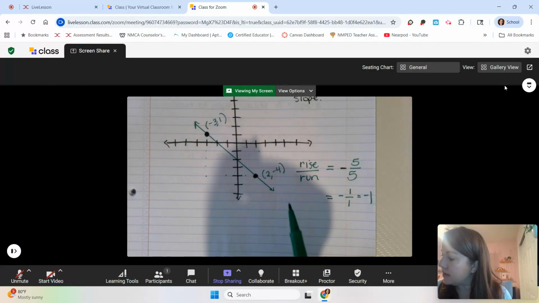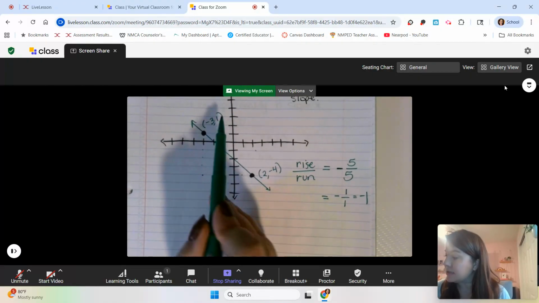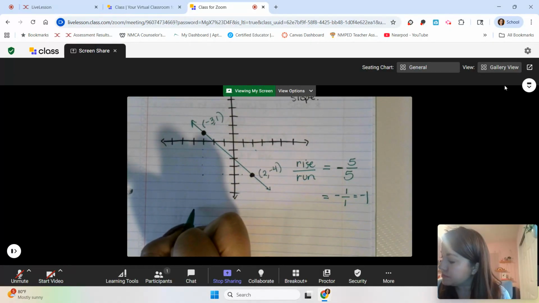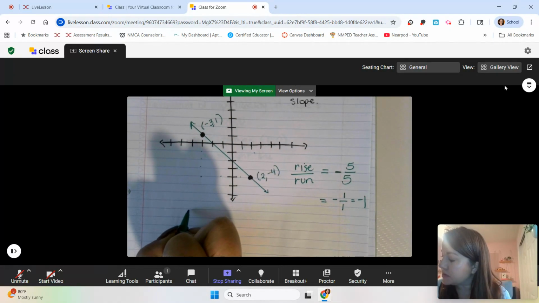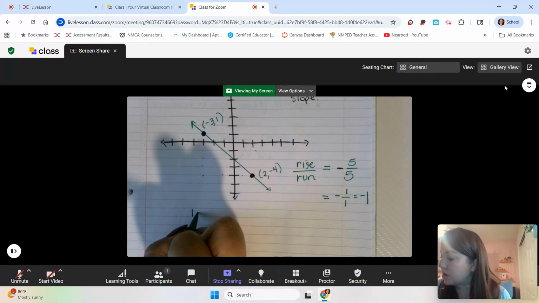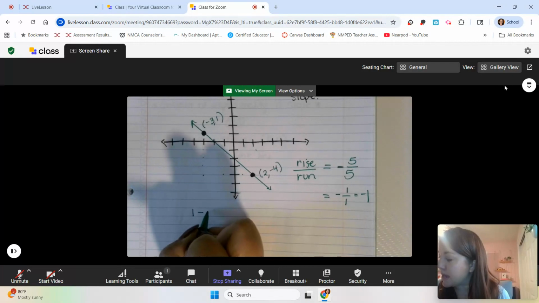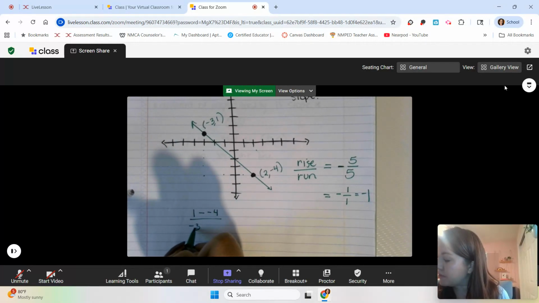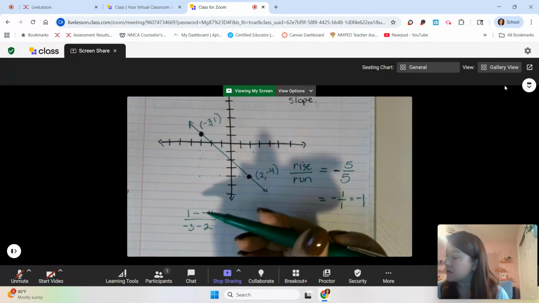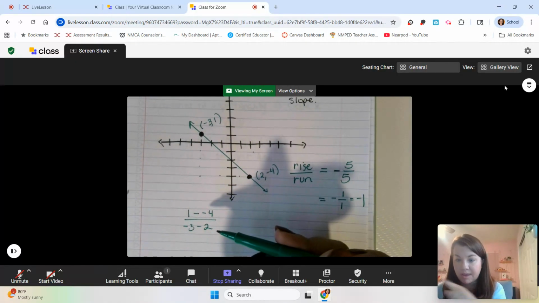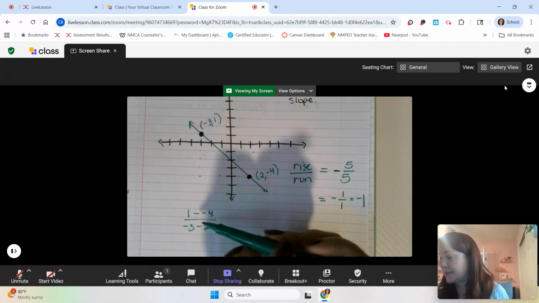We could subtract our y values over our x values. So without having to look at the points, you could say I have 1 minus -4 over -3 minus 2. So those are my y values, my rise, my up and down, over my run, my side to sides.